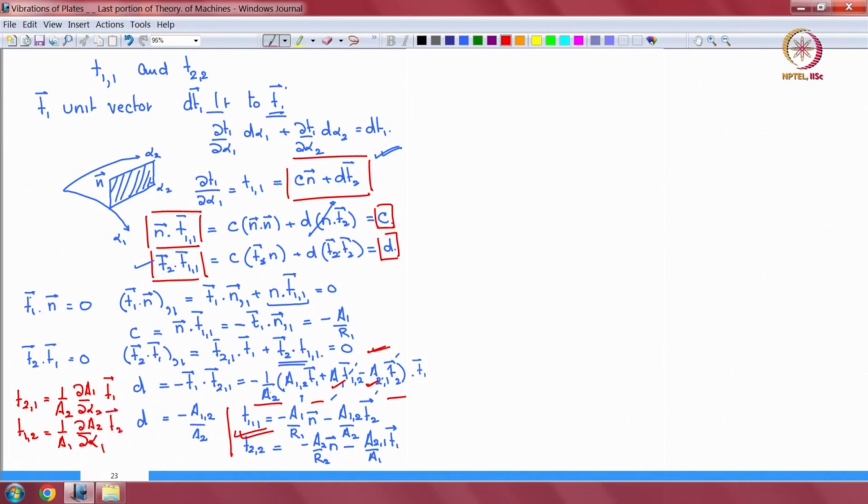You can see these are the first terms of the new values. Okay. So this long formula was used to derive T11 T22 and T11 T22 were used to derive the short formula. There is no circularity.